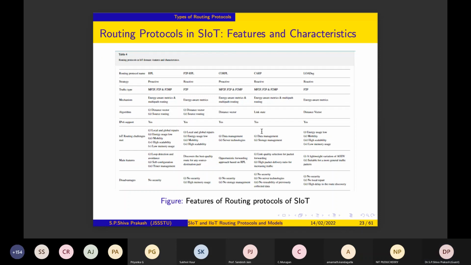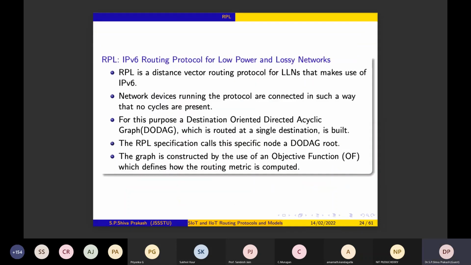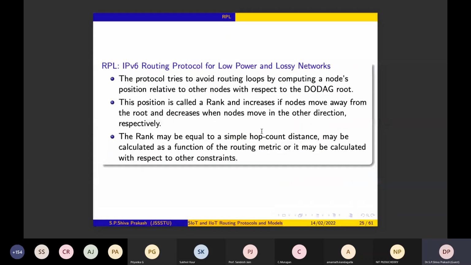It tries to avoid routing loops by computing a node's position relative to the other nodes with respect to the DODAG root, and we call that particular position the rank.